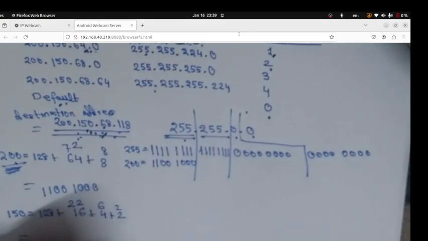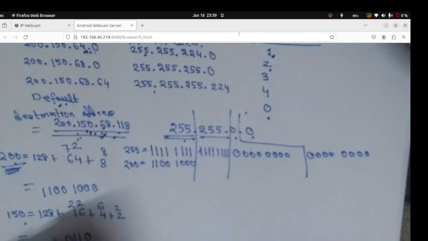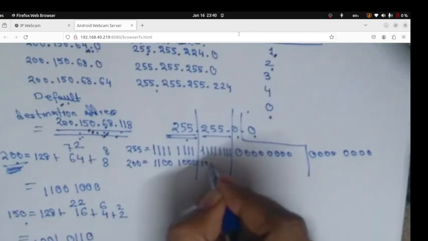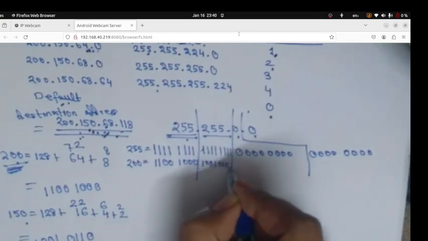So what will be the binary equivalent of 150? 1, 2, 4, 8, 16, 32, 64, 128. If we write the second octet bitwise, the value is 1, 0, 0, 1, 0, 1, 1, 0.